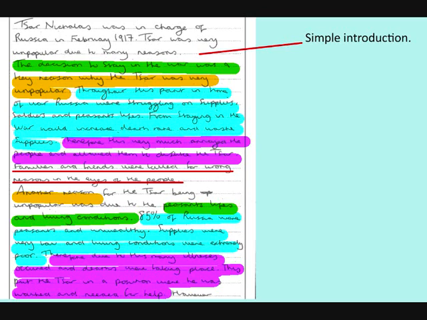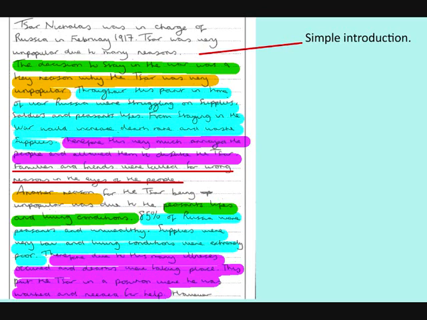We see a simple introduction being applied, but then oddly, the person writing this starts off with a point. It says the decision to stay in the war, the point, was a key reason, and therefore signposting. We see in blue a narrative. Throughout this point in time of war, Russians were struggling on supplies, soldiers and peasants' lives.